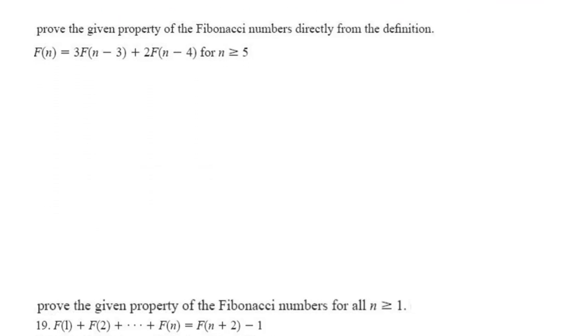And let's see, here it says prove the given property of the Fibonacci number directly from the definition. So just by using the definition, go from the left hand side and you'll find the right hand side. If I start with the left hand side, using the definition, it's F(n-1) plus F(n-2).